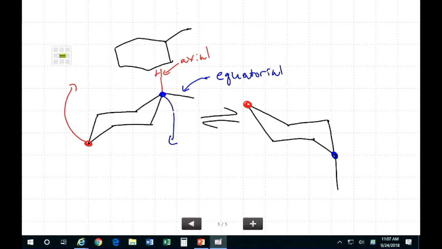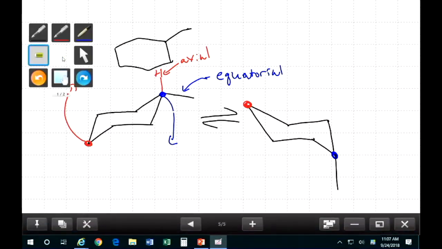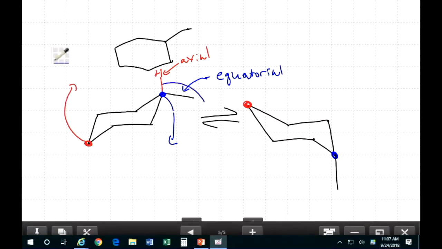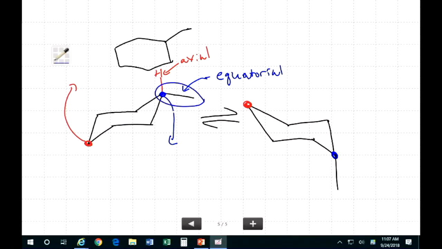So now, instead of that methyl group being equatorial like it is here, it becomes axial.